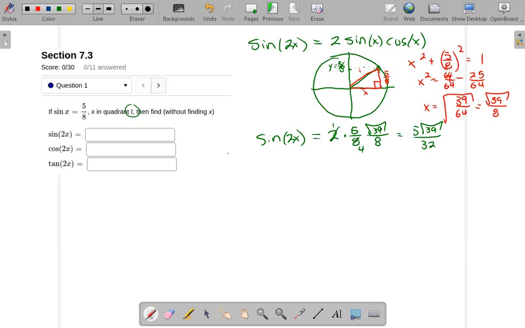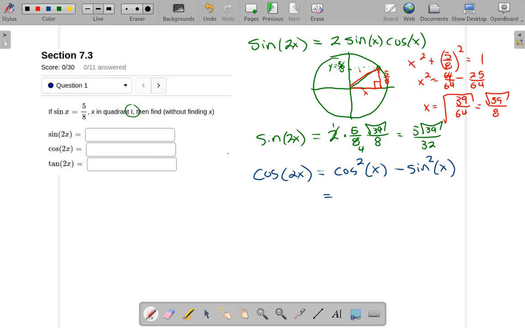All right. Next, cosine double angle. Cosine of 2x. The first version is cosine squared of x minus the sine squared of x. And I know what the sine of x and the cosine of x is. So I can just plug right in.